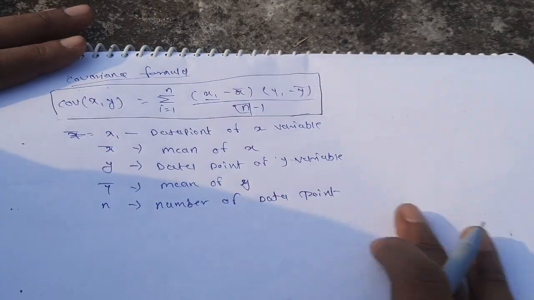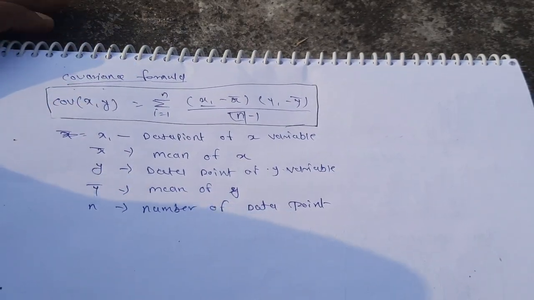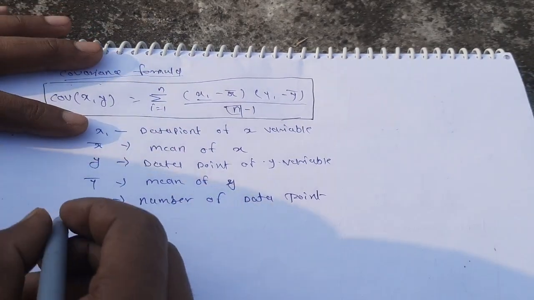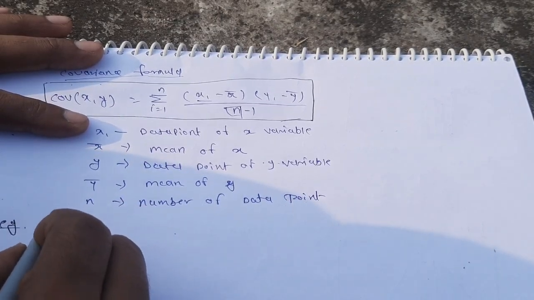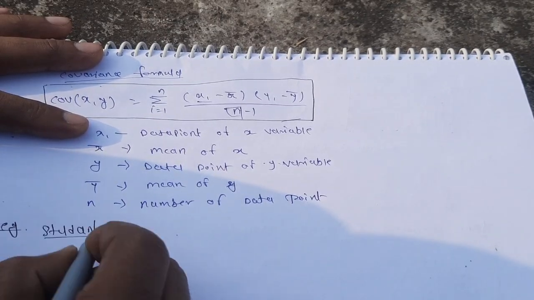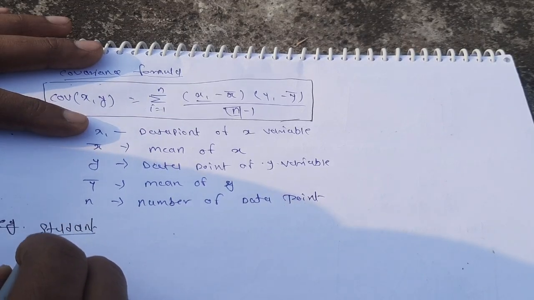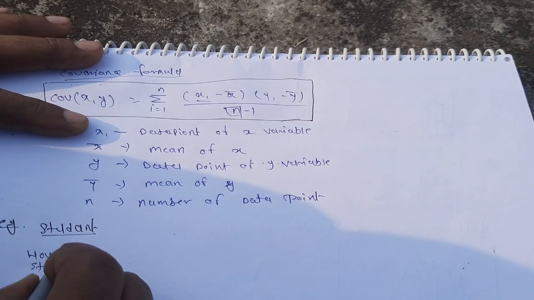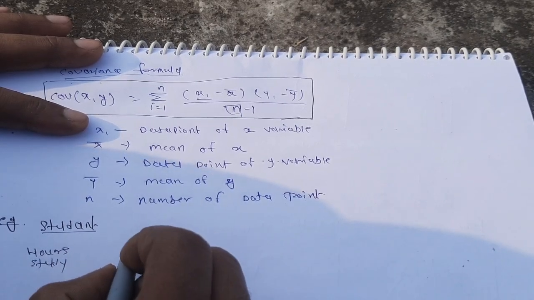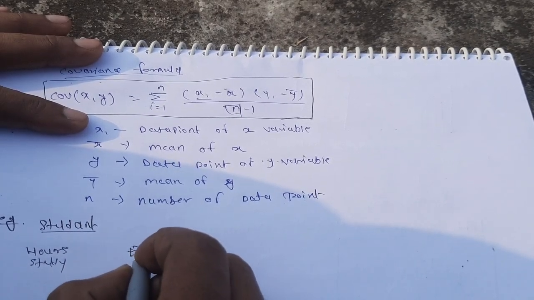Let's start with an example and understand how things work, and find out the formula. Let's take students, with the example of study hours and exam score.